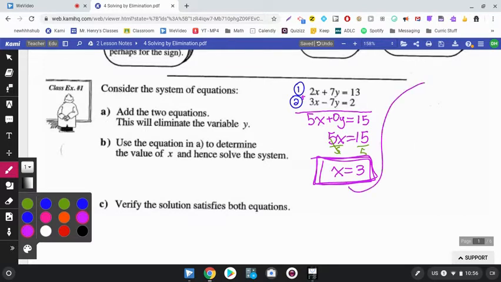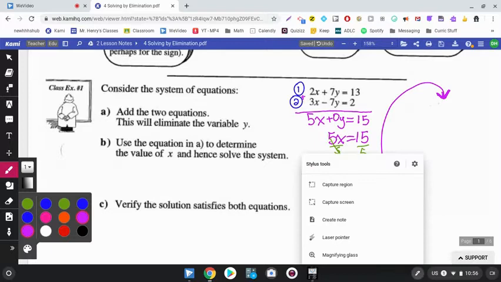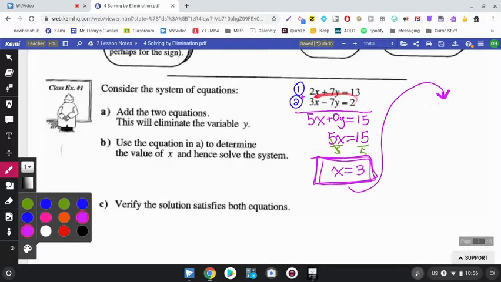Okay. Here's where elimination is a little bit tougher than substitution, and it's not quite as nice. Substitution, as soon as I found one of the variables, I just went right to an equation where it said, hey, y equals this, right? I found x, y equals this. Neither of my equations are solved for y equals, okay? So I don't have an easy route.